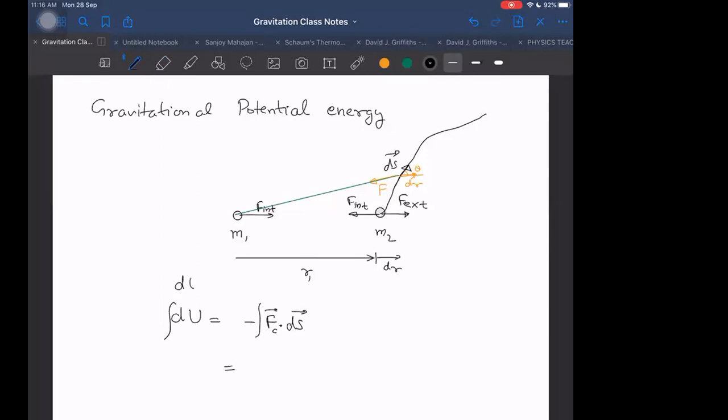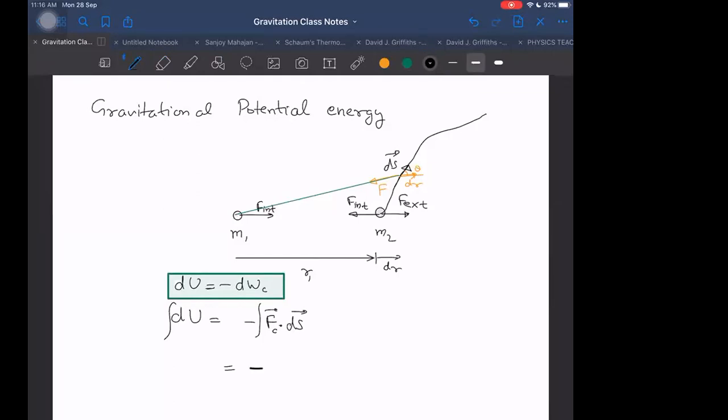We can write change in potential energy is equal to negative of work done by conservative force. This is our normal standard definition. We have been using it definitely, because it will always be true. It is always valid. This is by definition. This is how we have defined the potential energy, negative of work done by conservative force.